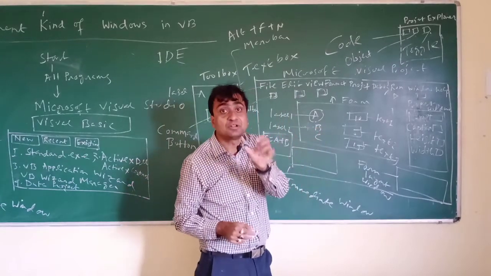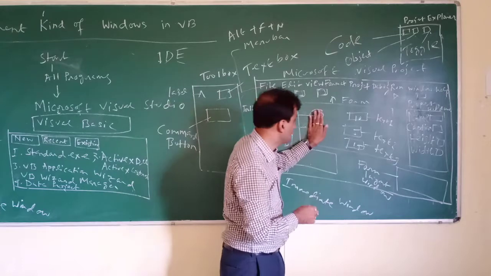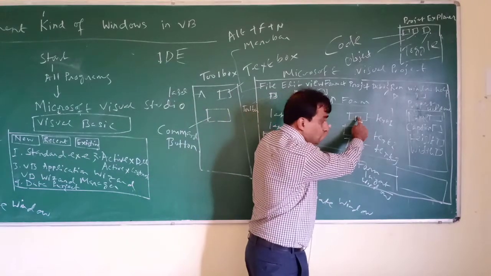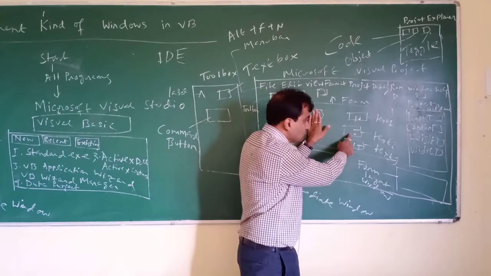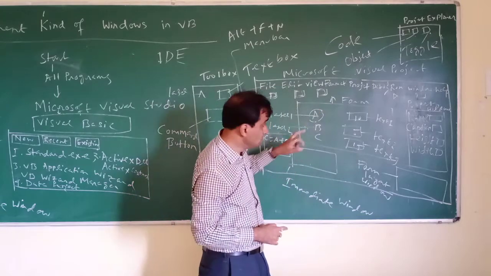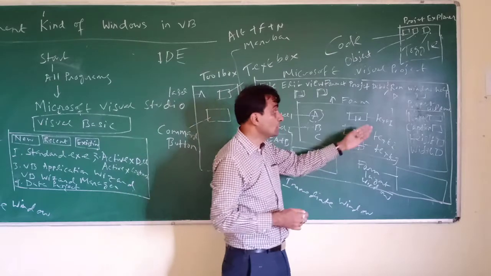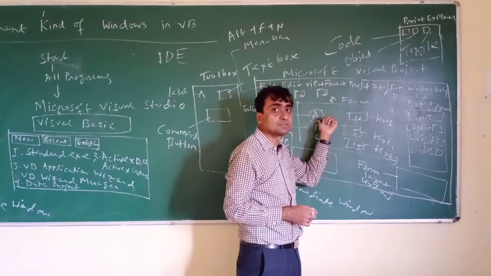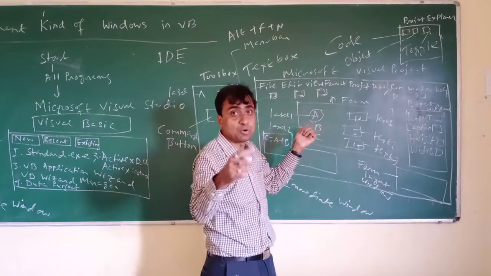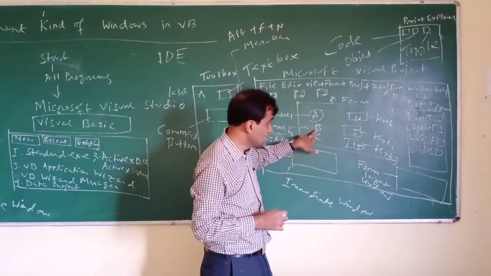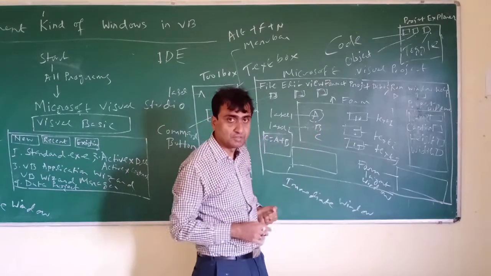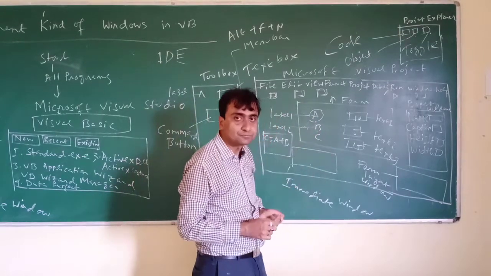Labels are used for display. Because if these are not there, I will not understand what is this box, what is that box. If you see the headings on the left side clearly, you can understand what this is. This is the first text box, means here the value of A should be given. This is the second text box, the value of B should be given. This is the output C.